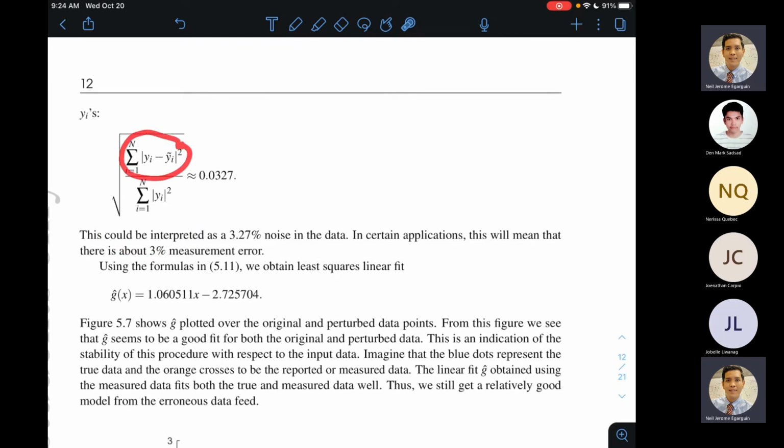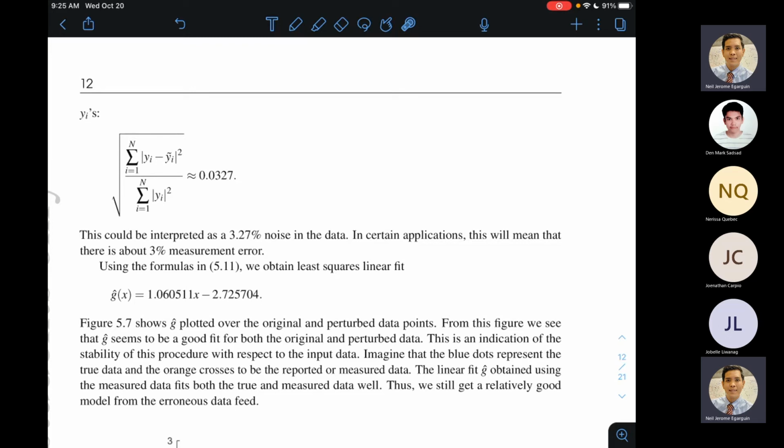Kunin mo yung sum ng mga squares na yon, i-divide mo by the sum ng squared ng mga original data. Kunin mo yung square root, makukuha mo 0.0327. So this value can be interpreted as there is a 3.27% disparity between the original data and the perturbed data.